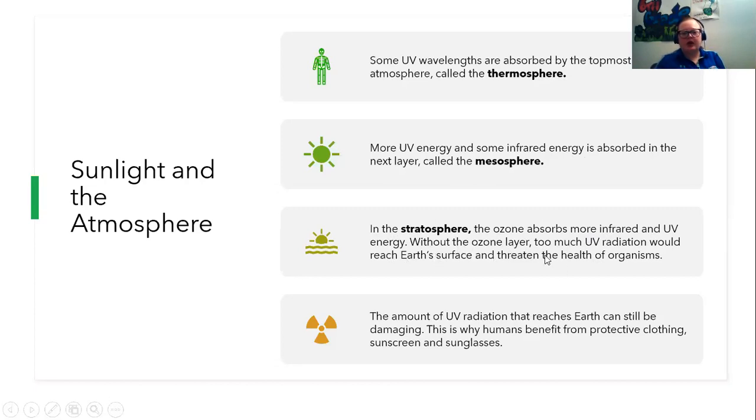Without the ozone layer, too much UV radiation would reach Earth's surface and threaten the health of organisms. Like I was saying, the whole atmosphere protects us. All those different layers keep extra UV radiation out of Earth. The amount of UV radiation that reaches Earth can still be damaging. This is why humans benefit from protective clothing, sunscreen, and sunglasses.